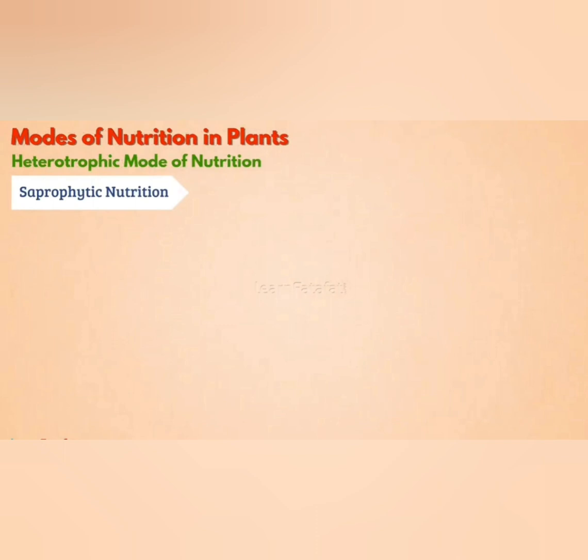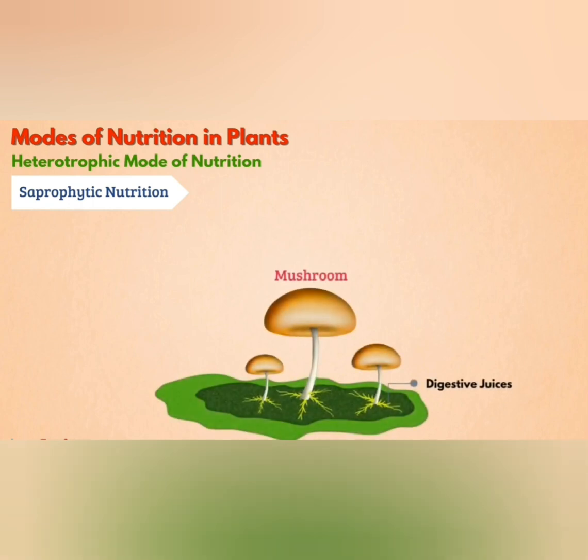Now second comes the saprophytic nutrition. Now children, in saprophytic nutrition, some plants such as mushroom secrete digestive juices on dead plants and animals so as to convert them into simpler substances in solution form. They absorb the nutrients. So these mushrooms will absorb the nutrients from the solution so formed.